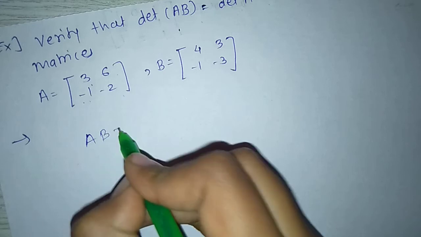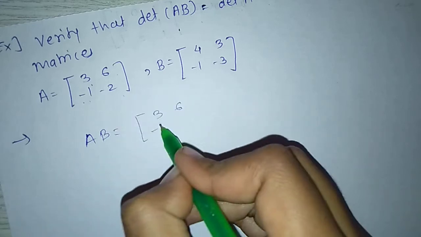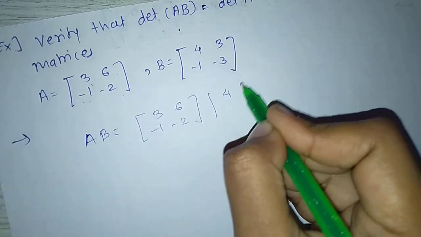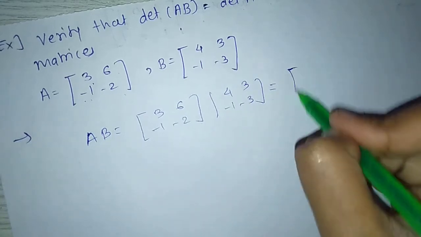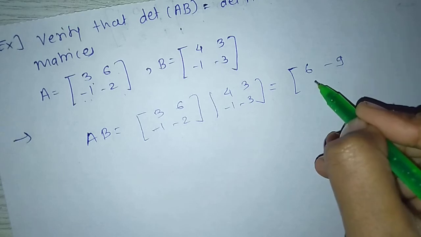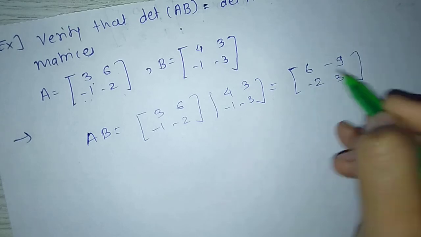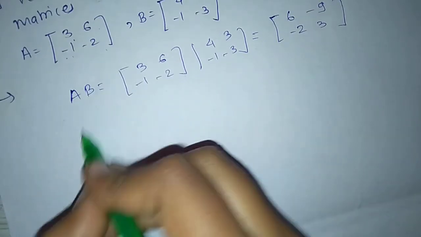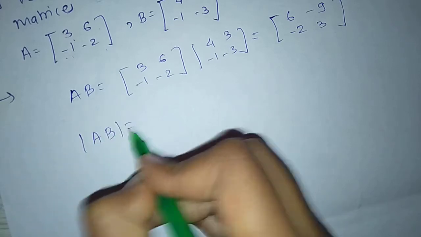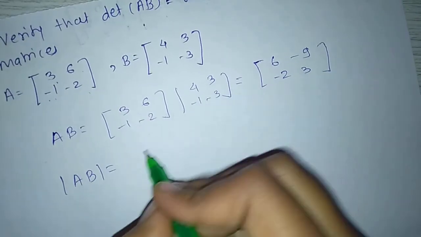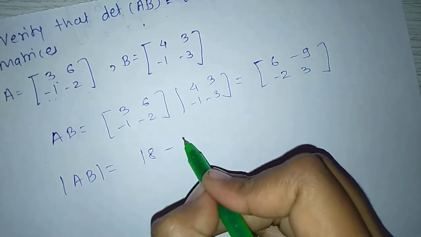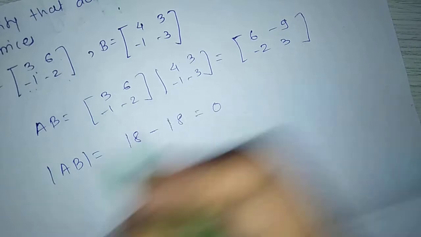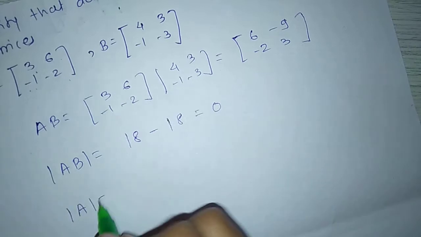First calculate A into B. 3, 6, minus 1, minus 2, 4, 3, minus 1, minus 3, which is equal to 6 minus 9 minus 2, 3. Next, calculate determinant of AB equal to 16 into 3, 18, minus 9 into minus 2 plus 18 equal to 0.